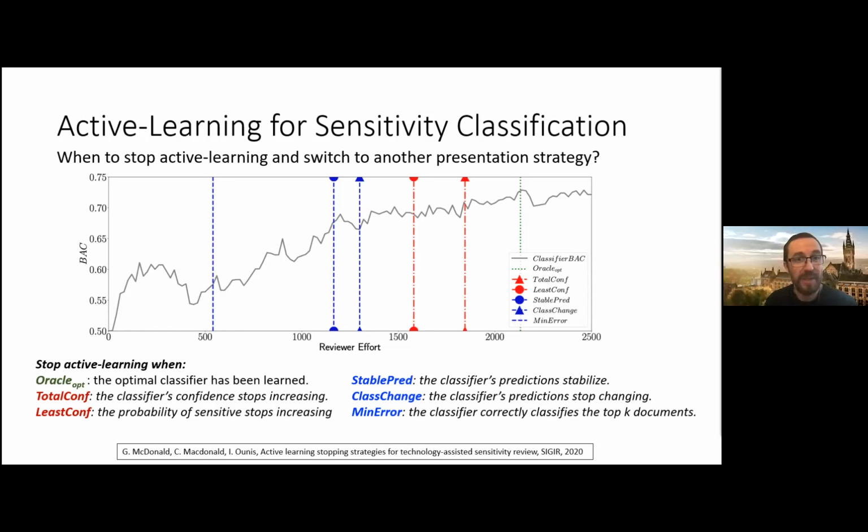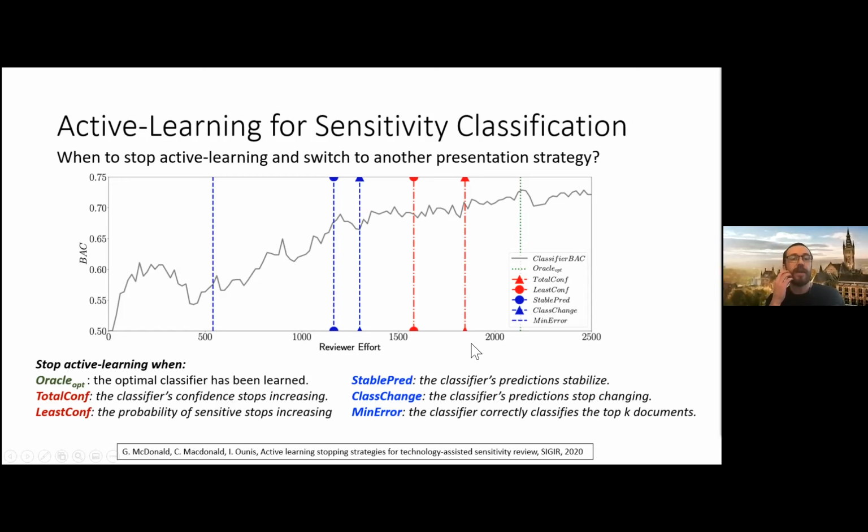Long explanations, but basically what we're going to say is that in this plot, the grey jagged line is obviously the effectiveness of the classifier, and right in the very right-hand side, we've got this green dotted line, which is the oracle approach. So this is an approach that knows what the optimum classifier is. So we want to get as close to that green line as possible along the x-axis.